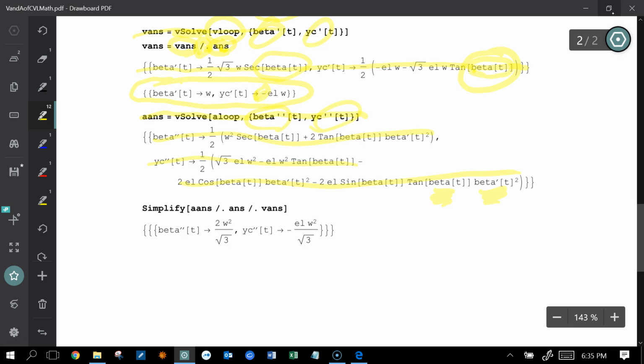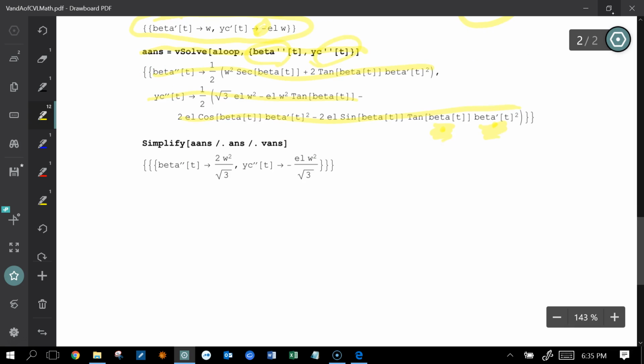But anyway, those come from the loop and the loop dot. So here's what I do. I take the acceleration answer, substitute in the no dotted answer, and then substitute in the velocity answer. And then boom, this is what it simplifies to. You could do it by hand with your calculator also if you want to.